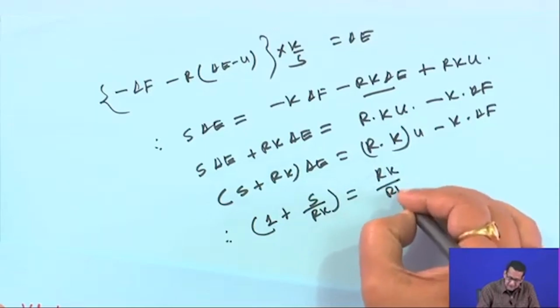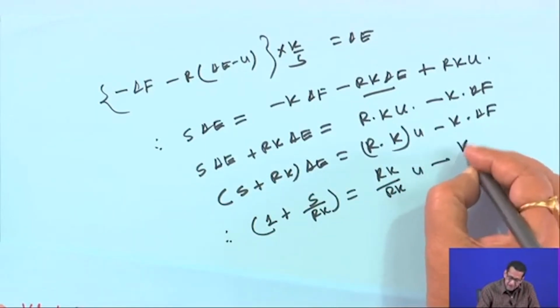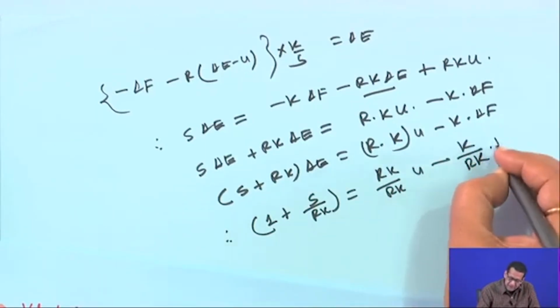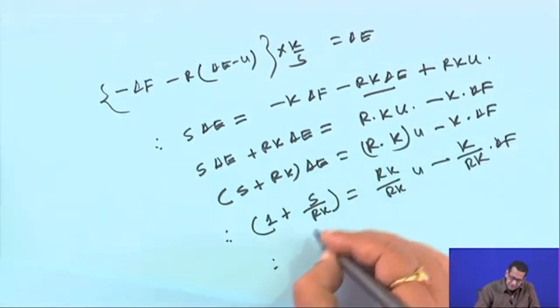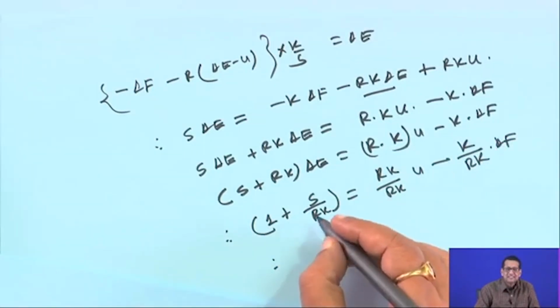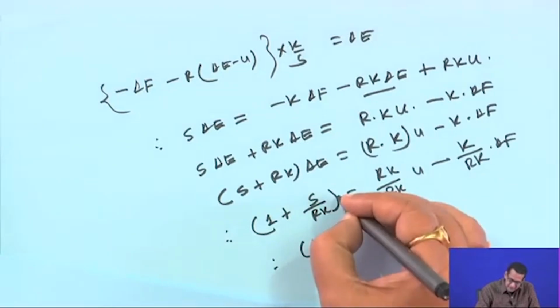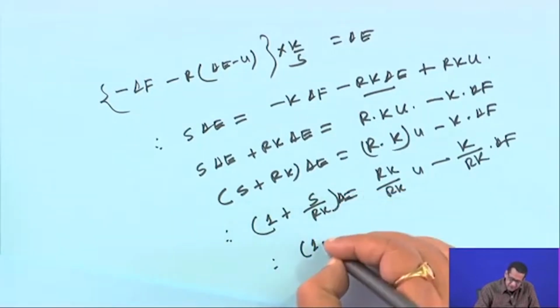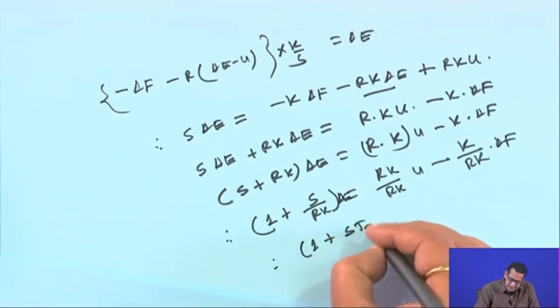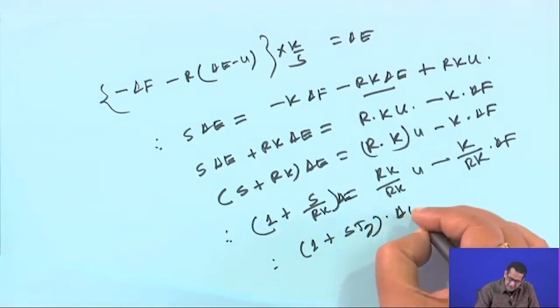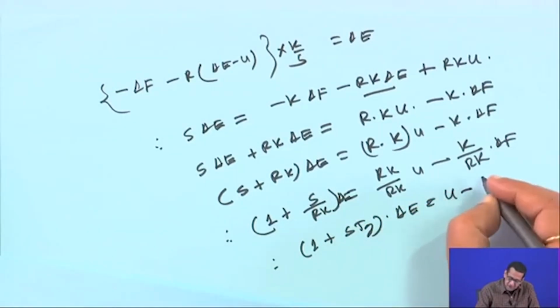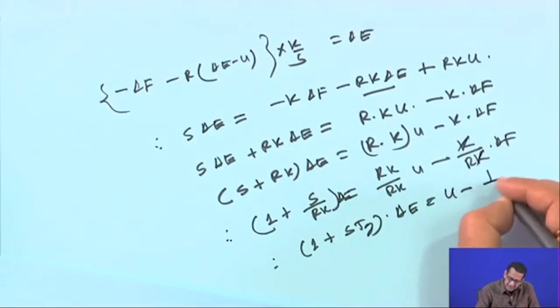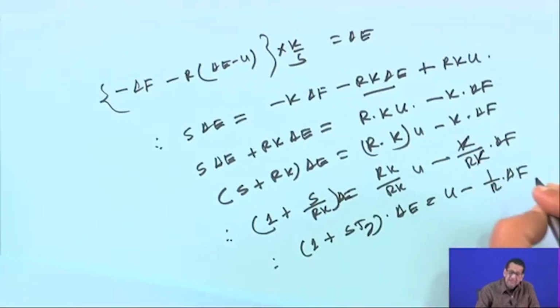So, this side will be r k plus r k u and minus k upon r k into delta F, that means 1 upon r k is equal to T g, that is the time constant, that here I have missed delta E, right. So, it is 1 plus s T g into delta E is equal to u minus k will be cancelled, 1 upon r into delta F.